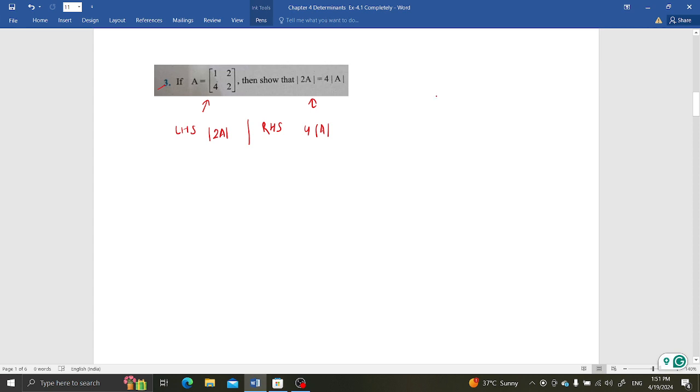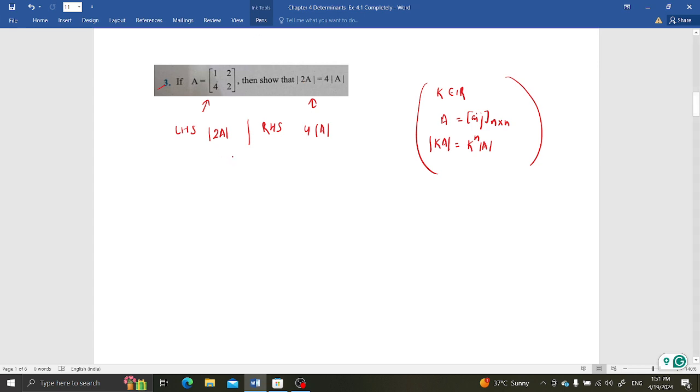Actually it is a property that if you have any k, a non-zero real number, we can take any real number, it's our choice, and A is any Aij n cross n matrix, then if you multiply this k with A and find the determinant, it is equal to k raised to the power n, the size of the matrix A, into determinant of A. That is the property.